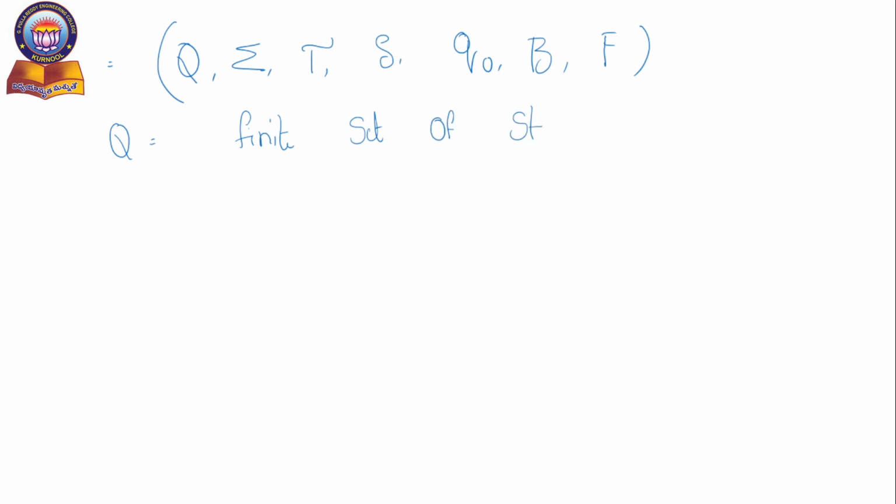Sigma is the input alphabet from which input strings will be formed, and this will be a subset of the tau.